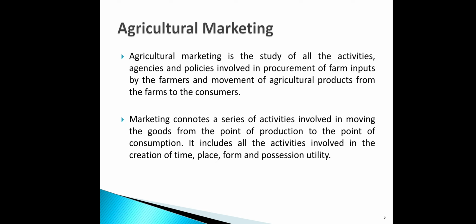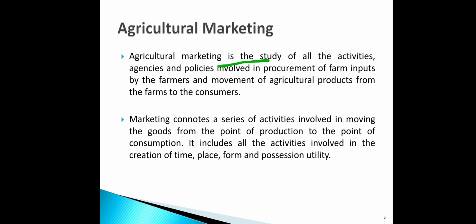So I think now you are all clear about what is meant by market. But a market is a place, a sphere, while marketing is a process in which all activities related to marketing are carried out.